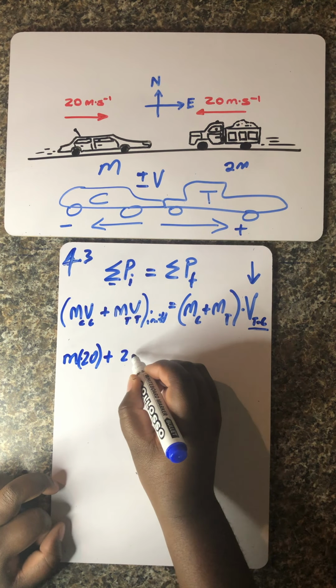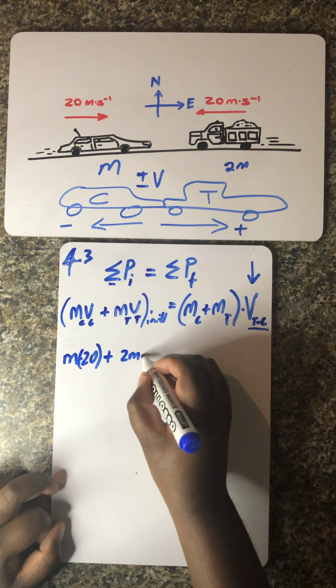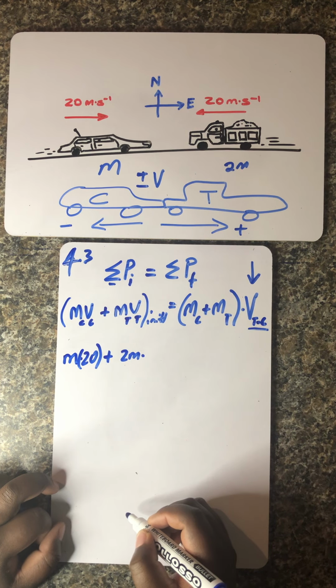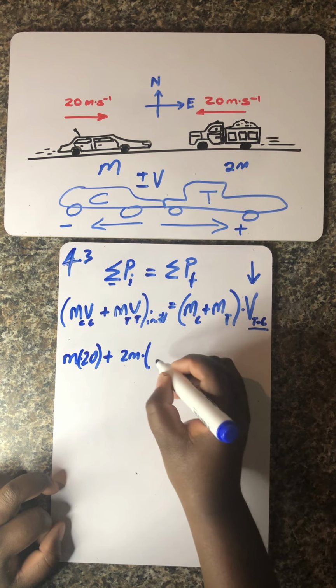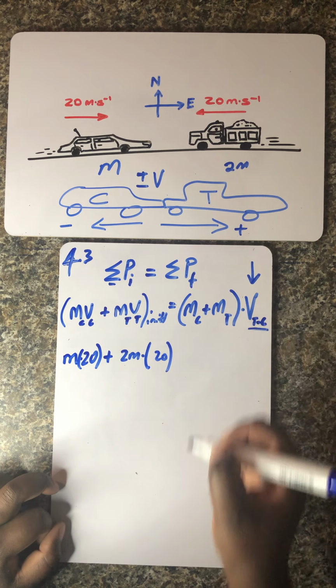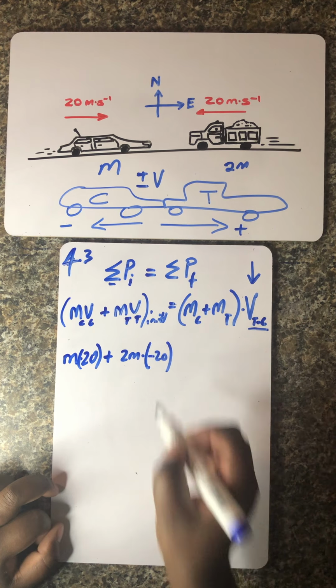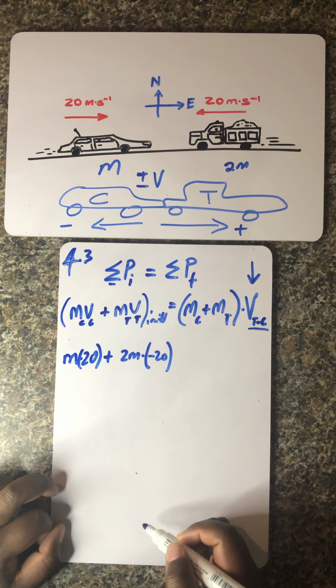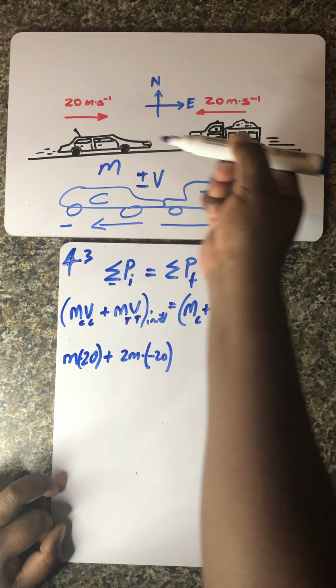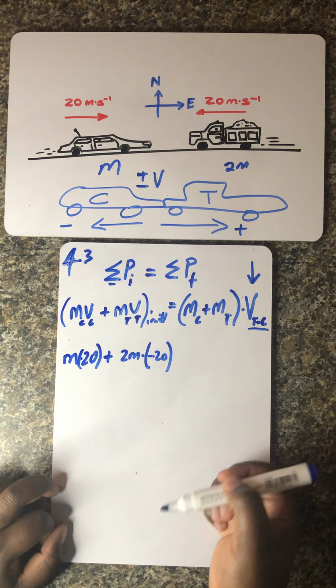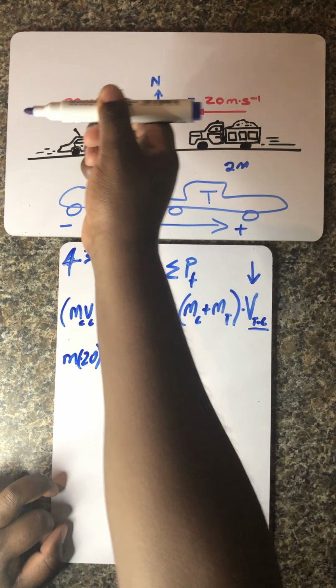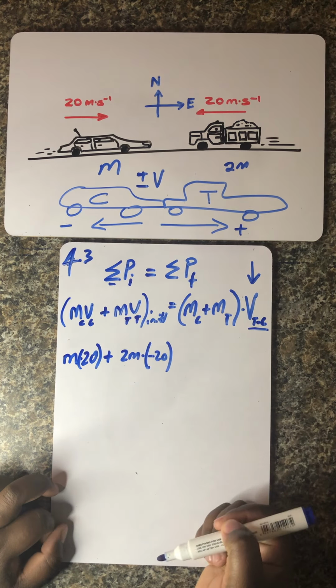We know it is 2m. What is the velocity of the truck? We know it is 20 meters per second, but most importantly, it's negative 20. Why? Because it's moving in that direction, and we assumed to the left or westwards as negative.